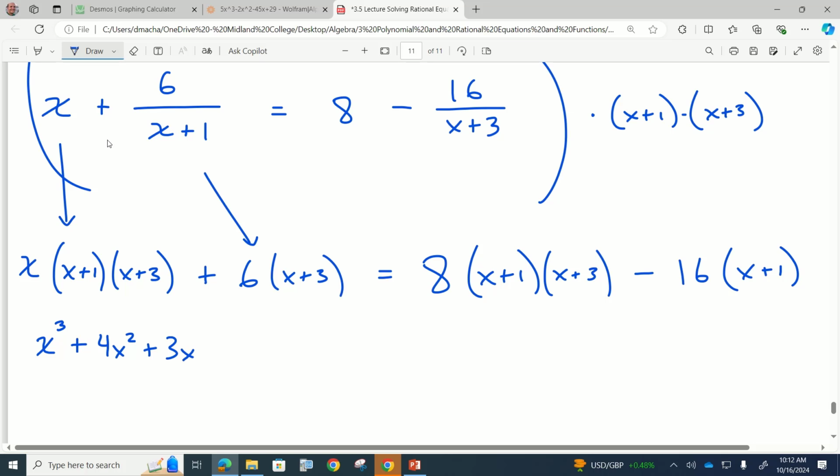So that's what I'll end up with for the first part. This is 6. 4 times 8 is 32. And then 4 times 3 is 24. And then minus 16x minus 16.